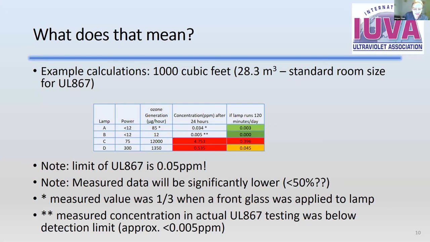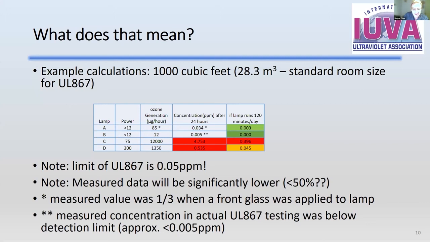But as I mentioned before, the data in real measurements will be much lower. For instance, with lamp B, there have been actual measurements under UL 867, and the measurement results were essentially 0, or at the measurement resolution and limit.